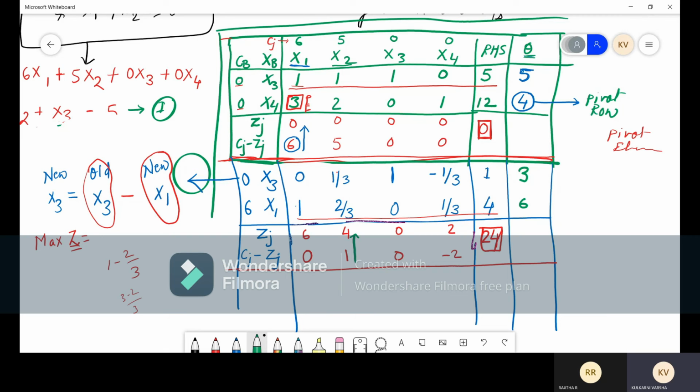Right, so we got two values for theta, 3 and 6. Now among these two values, which one is minimum? 3 is minimum. That means this is leaving. This is now the pivot row. As this is the pivot row, this is the entering variable, and this is the leaving variable, this is our pivot element.